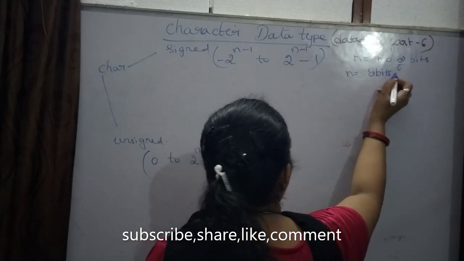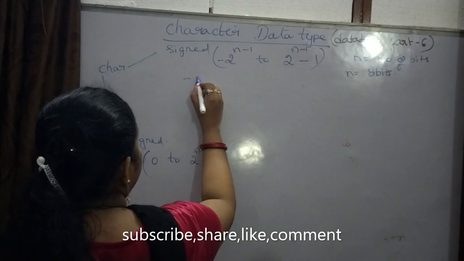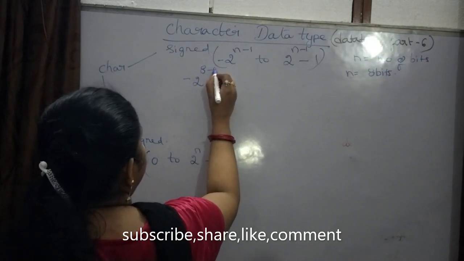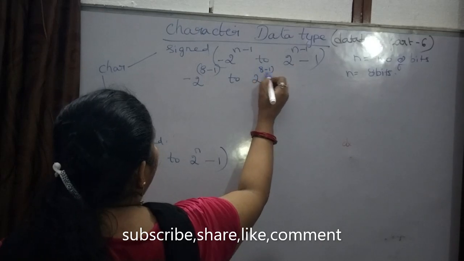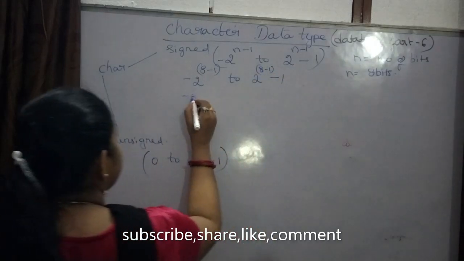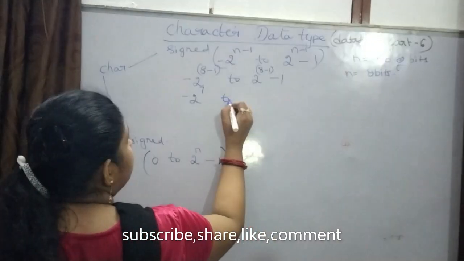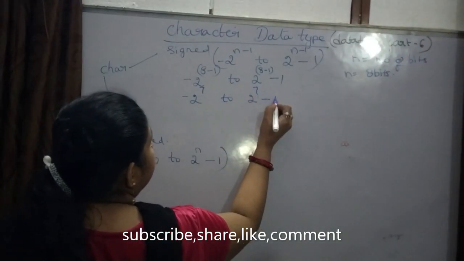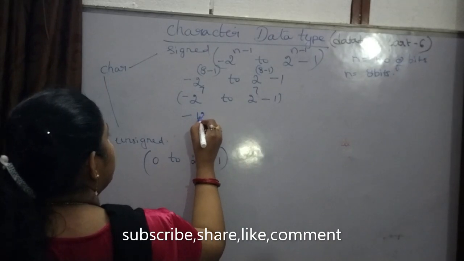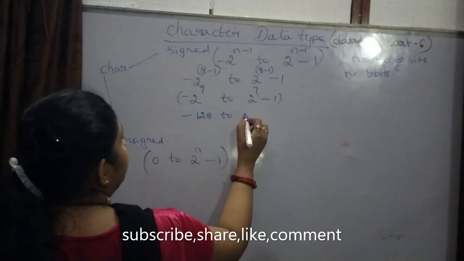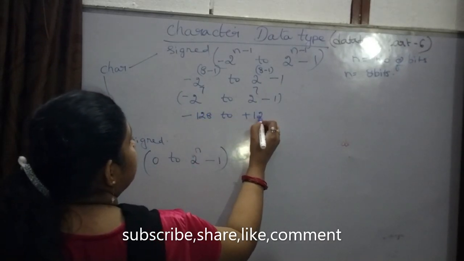If you go for calculation, 8 minus 1 gives minus 2 to the power of 7 to 2 to the power of 7 minus 1. It comes to minus 2^7 to plus 2^7 minus 1.